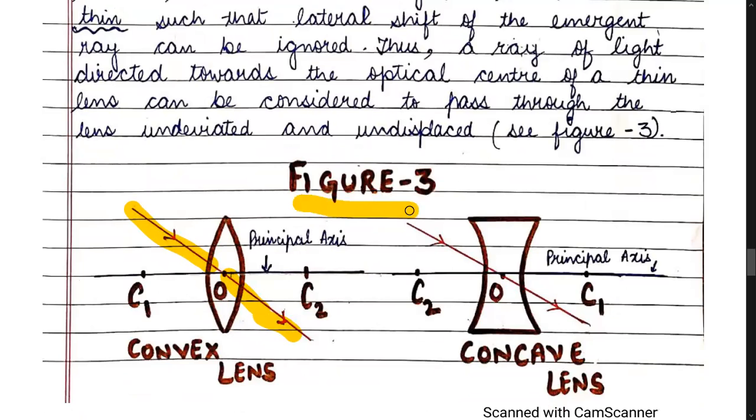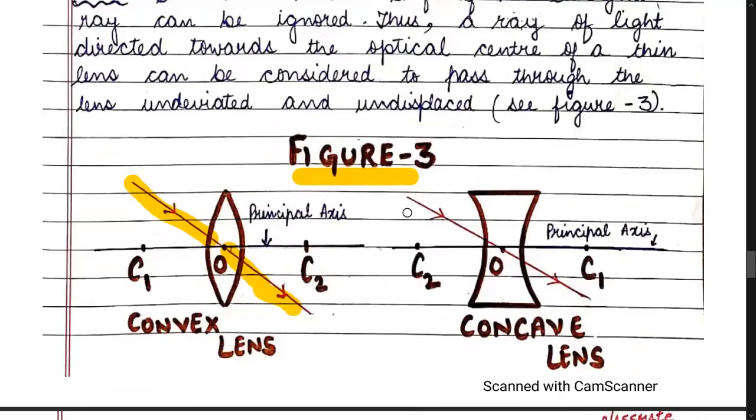Students, see figure number 3 drawn on page number 4 of the notes sent to you on 30th November 2020. We will be drawing this case in our ray diagrams also.